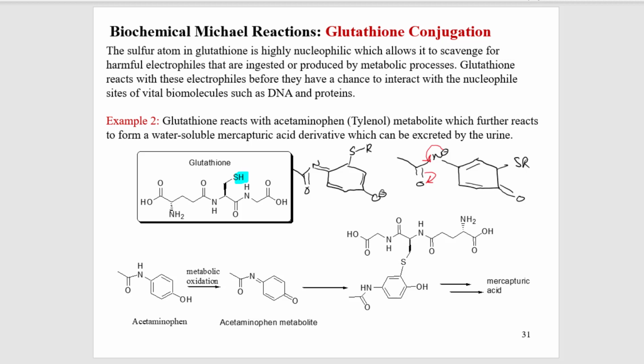So the most thermodynamic, most stable option is for the sulfur to attack the beta position as it relates to the carbon double bond nitrogen, not the carbon double bond oxygen, because the negative charge that results can be further stabilized by resonance. That's why we see the sulfur attach to the beta carbon relative to the nitrogen. And once it has done so, a few more steps turn it into mercapturic acid, and then it's able to be excreted by solubility through our urine.